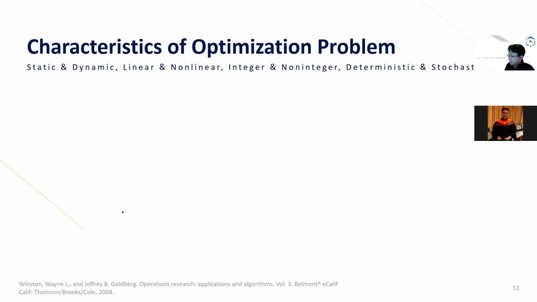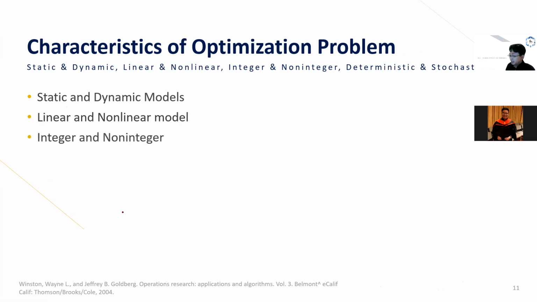Other characteristics of optimization problems that are addressed in linear programming, which were also already discussed in the OR courses, are whether the model is static or dynamic. A static model means that the decision variables being searched do not involve a sequence of decisions.